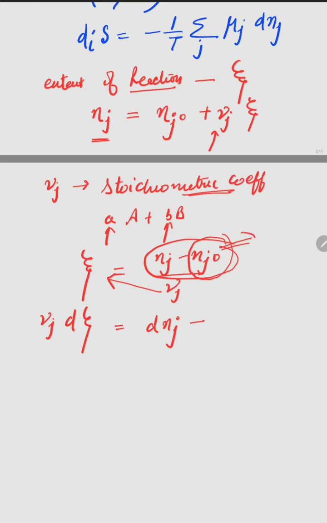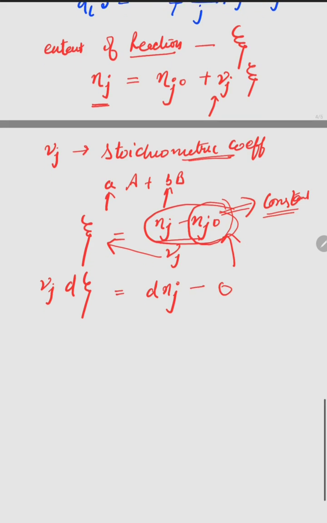At the start this number of moles always remains constant, and the differentiation of a constant becomes 0. So we are left only with dN_j, which is equal to nu_j into d chi.